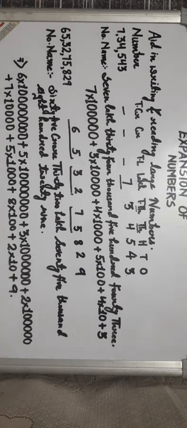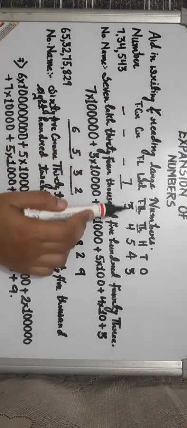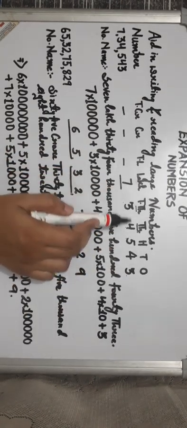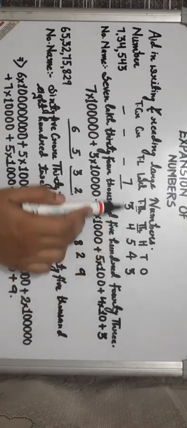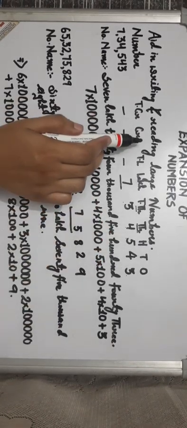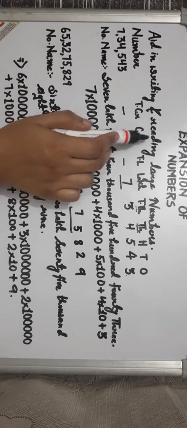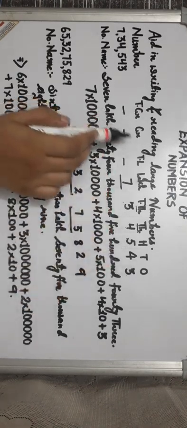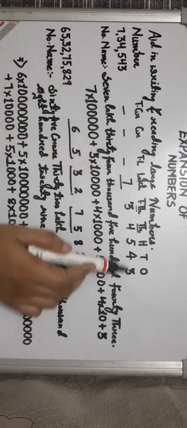So now tell me how many zeros are there in crore. You know that in lakh how many zeros? 1, 2, 3, 4, 5. After lakh how many digits are there? 1, 2, 3, 4, 5. So 5 zeros. Similarly, look after crore. How many digits are there? 1, 2, 3, 4, 5, 6, 7. So in crore we have 7 zeros.